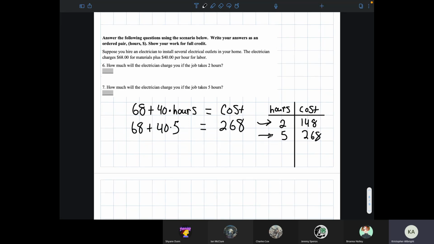He just kind of looks at the graph and says, oh, I go over 500 hours and then I go up and I say, okay, this is how much I should charge. So table of values, it's all about just plugging in numbers and then getting out something on the other side and being able to graph those as X and Y.